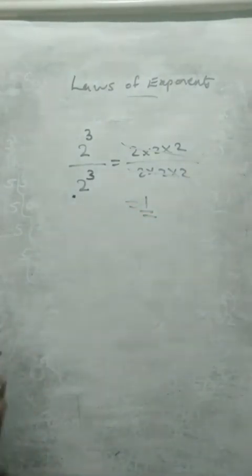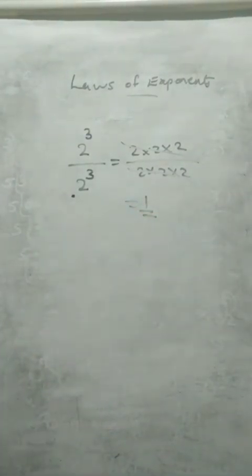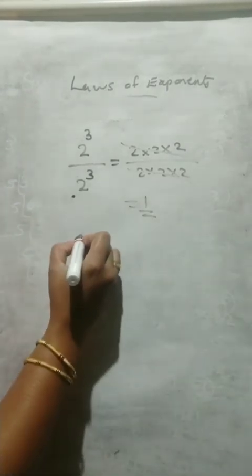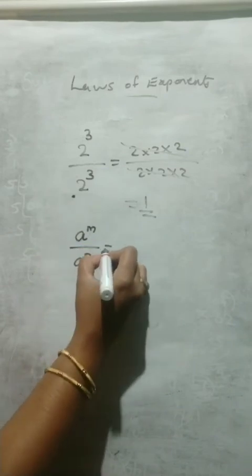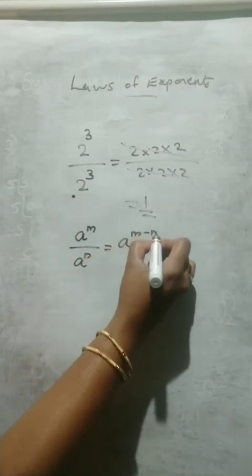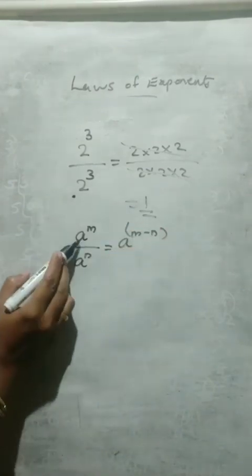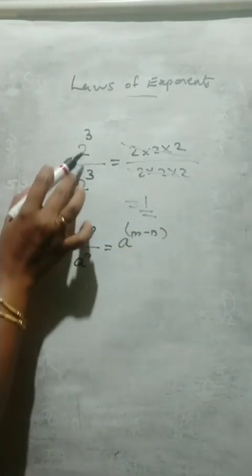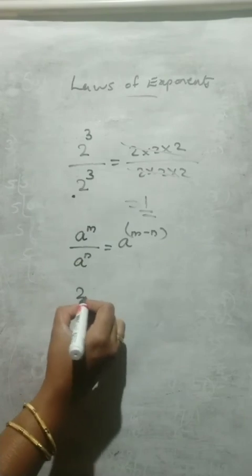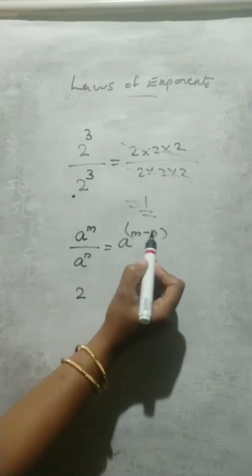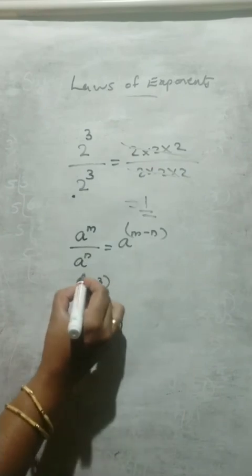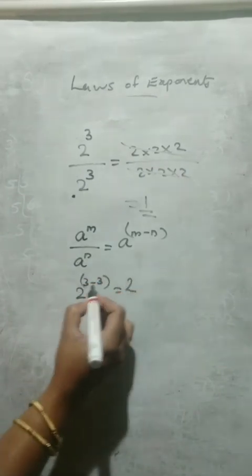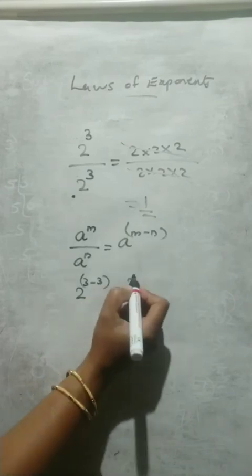But if we apply the law a raised to m divided by a raised to n is equal to a raised to m minus n, here the bases are the same, no problem. 2 and 2 itself. That is 2 raised to m minus n, that is 3 minus 3. 2 raised to 3 minus 3 is equal to 2 raised to 0.